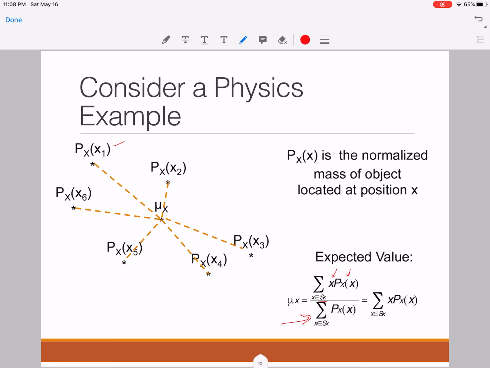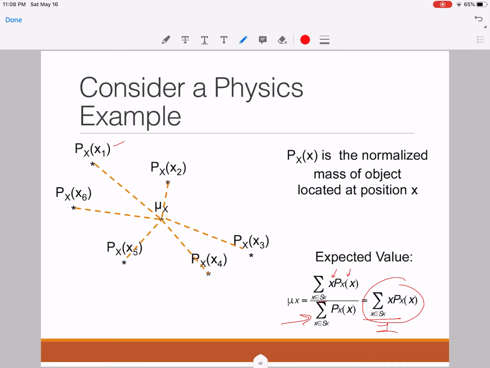Notice here that the denominator term is going to simplify to 1 because I'm adding the probability mass function for all the values of x that belong to the sample space. That should always add up to 1.